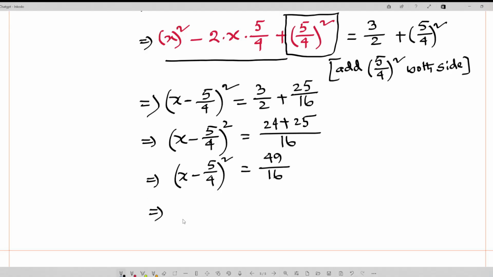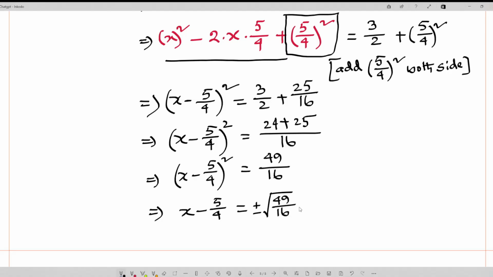Now we can take the square root of both sides. So here x minus 5 divided by 4 equals plus minus square root of 49 over 16.